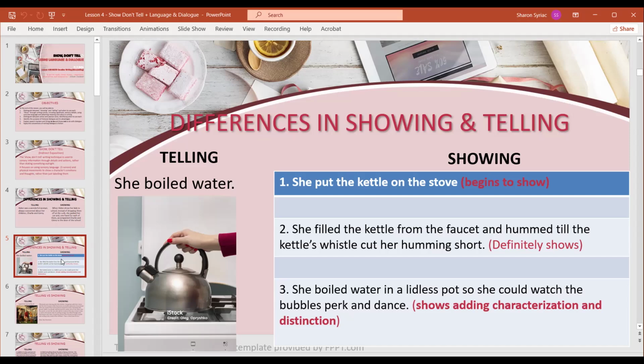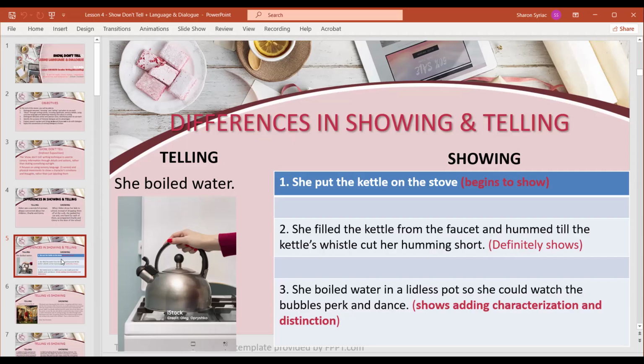Your reader can now visualize somebody putting the kettle on the stove. If you wrote instead, she filled the kettle from the faucet and hummed till the kettle's whistle cut her humming short, you are definitely showing.